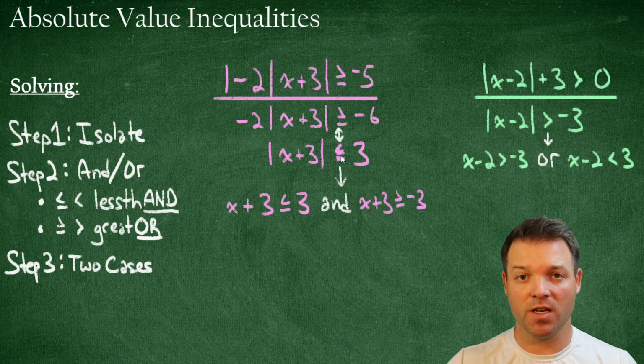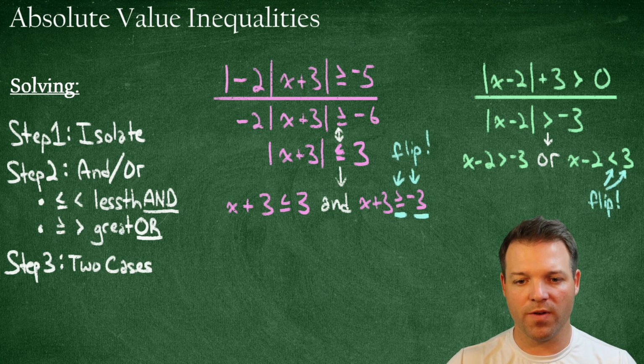In this case, for an inequality, it's the same. So x plus 3 is less than or equal to 3. So just rewrite it. The second case is quite similar to the second case for an equation. We are going to reverse the sign of the number on the right-hand side, and then we are also going to reverse the inequality sign as well.